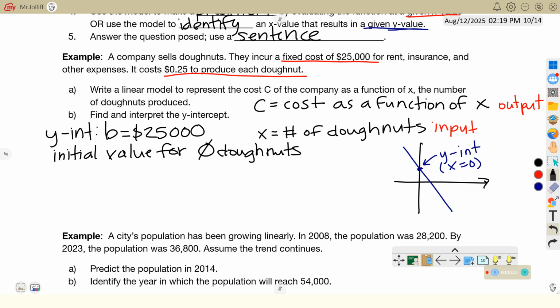I don't like spelling that word. Too many letters in that word. So our y-intercept is the initial value when we haven't made any donuts, and the problem told us 25,000. That's nice, because now we know what the other value is. The other value must be our slope.